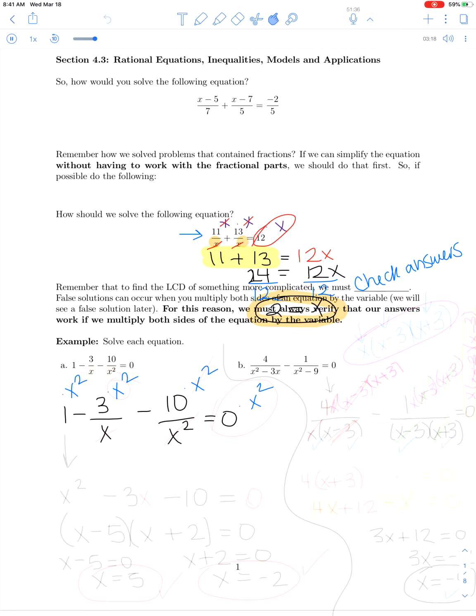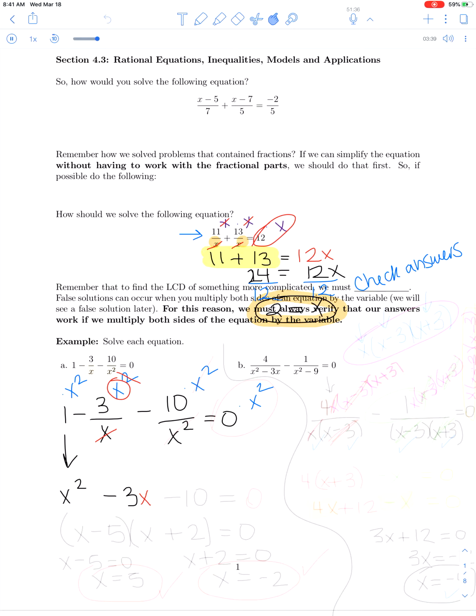Now, on the first one, that just means we're going to end up with x squared. On the second piece, we end up with a negative 3. Notice we multiplied by an x squared, which will cancel out one of the x's on the bottom with one of the x's we multiplied by, but we still have an x left over.